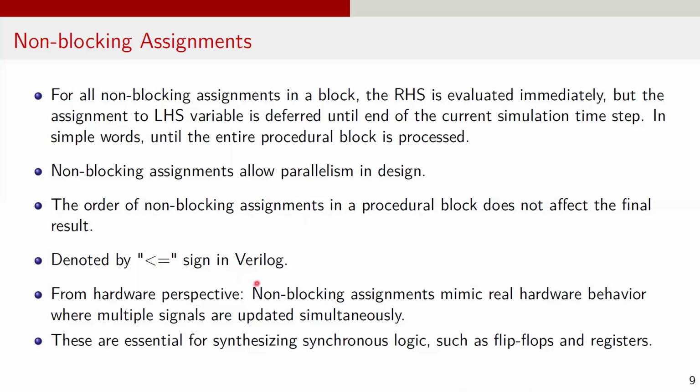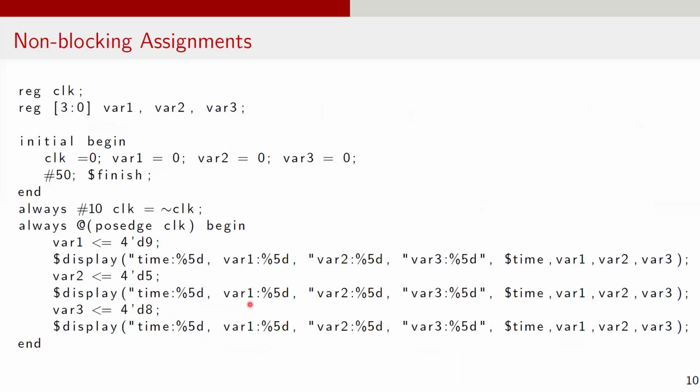From a hardware perspective, non-blocking assignments mimic real hardware behavior where multiple signals are updated simultaneously. These assignments are essential for synthesizing synchronous logic such as flip-flops and registers in a design. Now let's look at an example code.